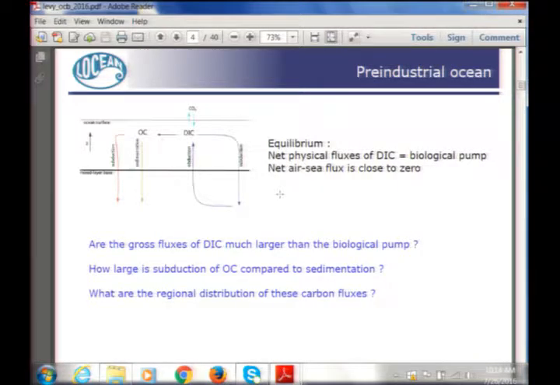We have some estimates, but still there's a big unknown regarding the comparison of these two arrows. And also something else that we don't know is what are the regional distributions of these carbon fluxes. So we still don't know exactly the magnitude and distribution on a regional scale of all of these fluxes.